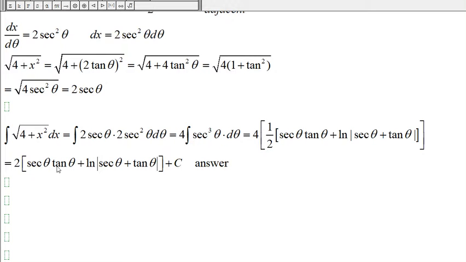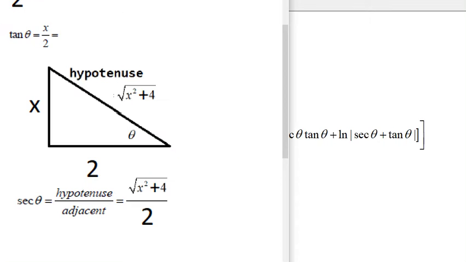So we'll go back to the right triangle. Tangent of theta is x over 2, so here this is theta, the opposite side will be x, the adjacent side will be 2. And then secant of theta is hypotenuse over adjacent. So the hypotenuse is the square root of x squared plus 4, and the adjacent is 2.